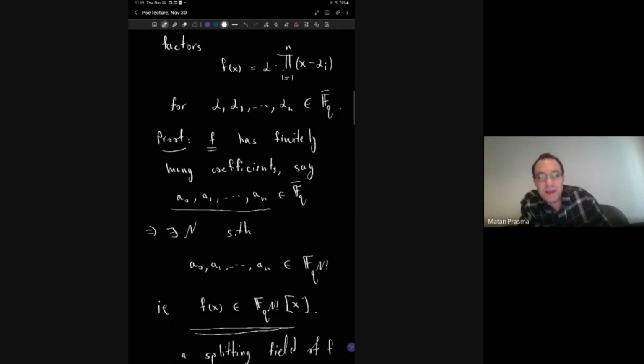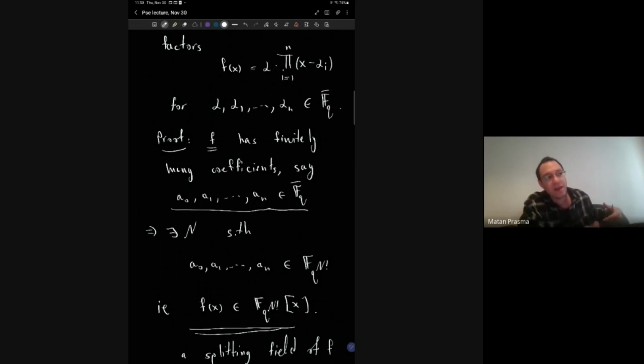Because of this, even though the coefficients are officially in the algebraic closure, all of them must belong to some finite stage of the tower. And if they are in a finite stage of the tower, they all belong to some finite field.